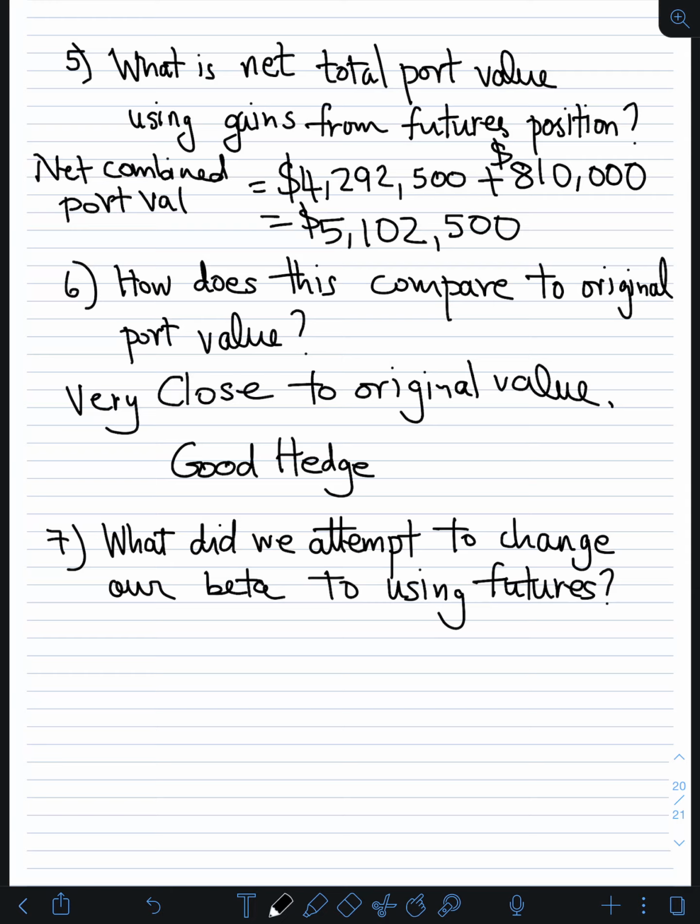So if you think about it again, what did we attempt to change our beta to using the futures contracts? We wanted the market to have no impact on the portfolio value. Whatever the market does, we want our portfolio value to change the same. What does a beta represent? Beta represents how our portfolio value changes relative to the market. If beta is 1, our portfolio value changes at the same level as the market.